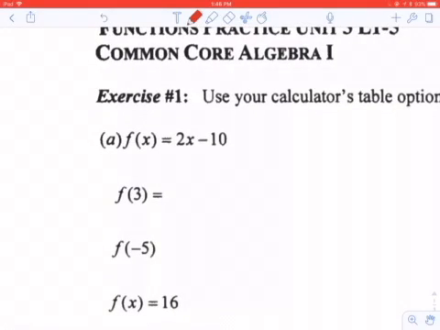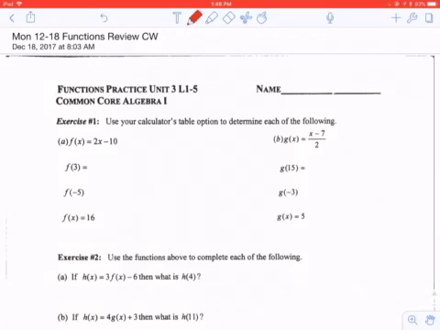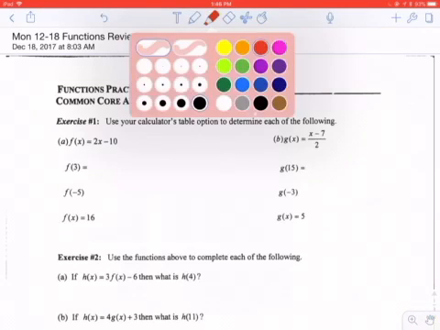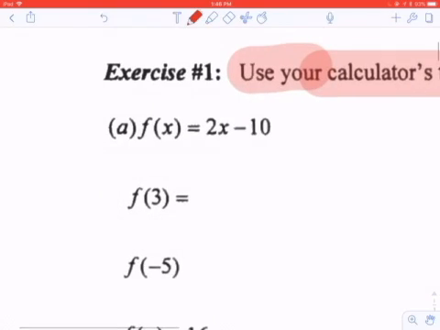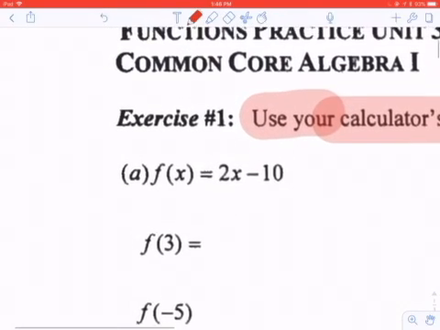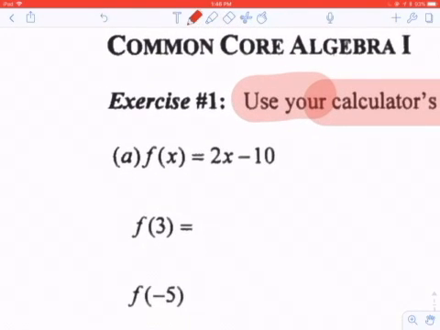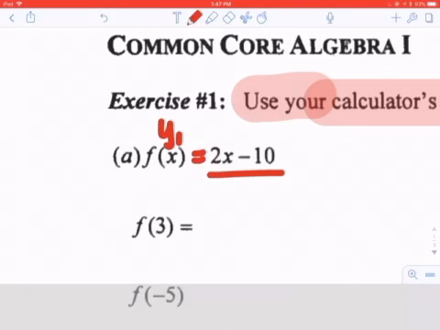So if we start with A, f of x equals 2x minus 10, well, let's take a step back and read the directions. It says use the table option on your calculator to determine each of the following. Okay, so you're going to hit y equals, and next to y1 you'll enter 2 times x minus 10.